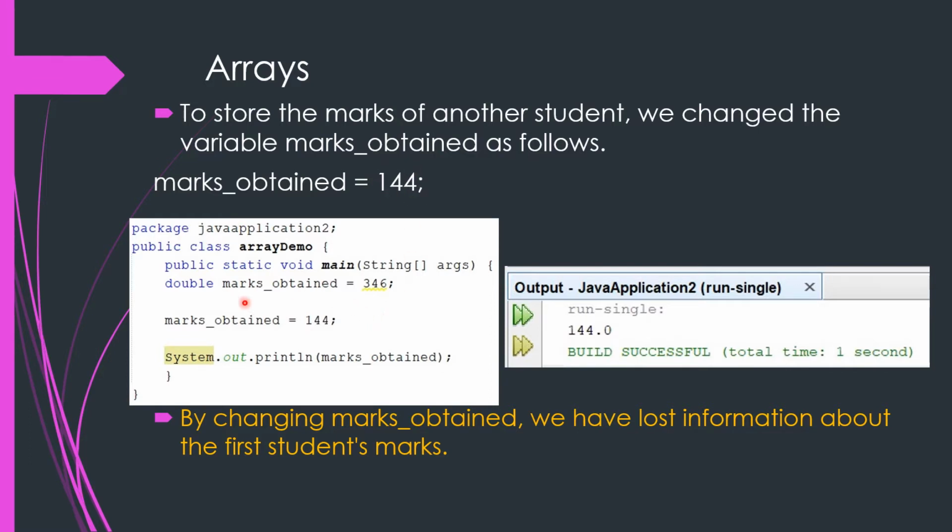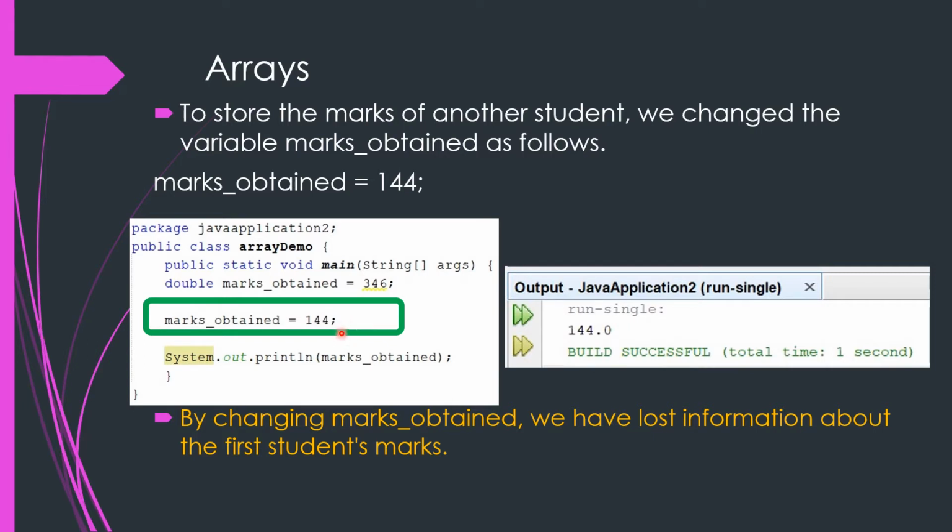You can see here that we have not done any editing in the previous statement double marks obtained equal to 346. We have only added a new statement, that is marks obtained equal 144, because we have already declared and initialized the variable, so we can directly change its value here.